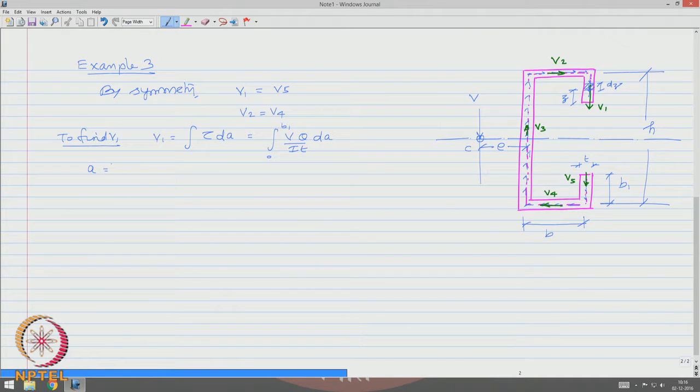Area is actually T into Z, and dA is actually T into dZ.